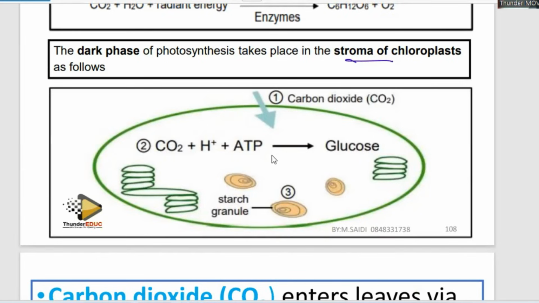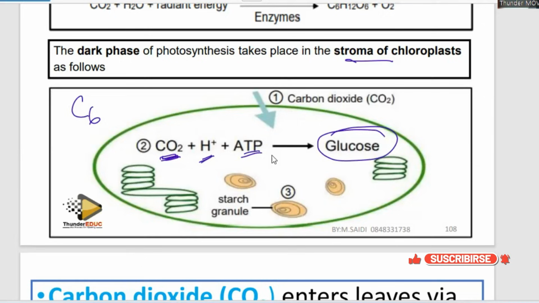The carbon dioxide, which is absorbed through the stomata, will combine with the hydrogen and the ATP which we got from the light phase, and then glucose is formed. What is the function of carbon dioxide? Don't forget that the formula of glucose is C6H12O6.